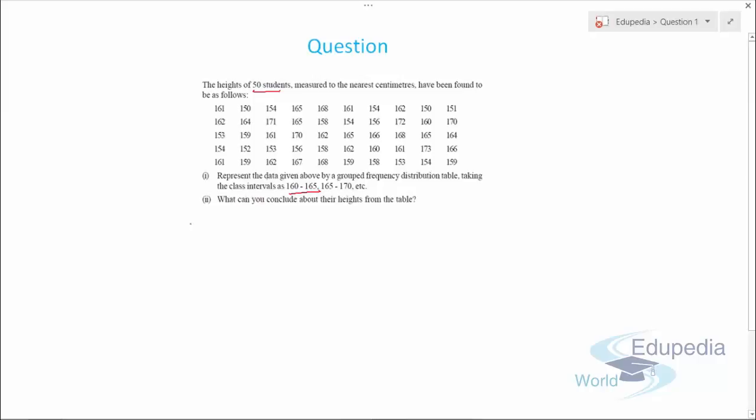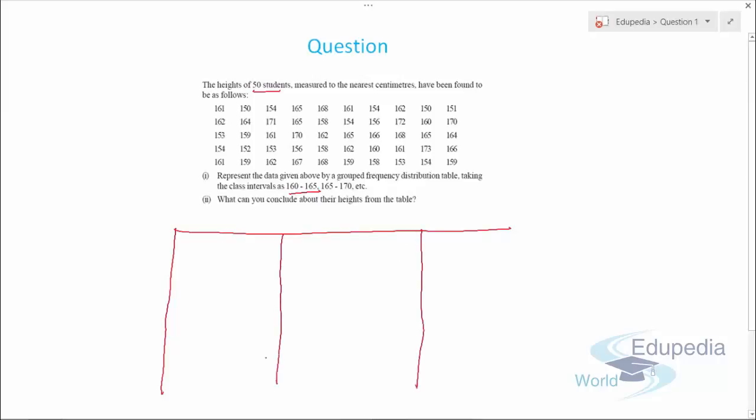This means we need to draw a distribution table. Let's draw it first like this. We can have three columns, because the data is large, so we can have tally marks for our convenience. We have three boxes like this.